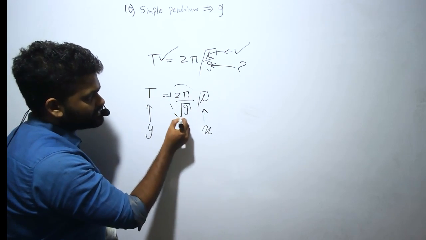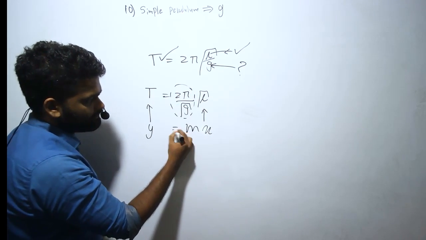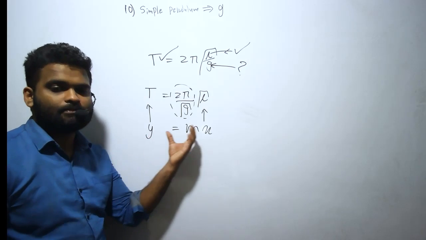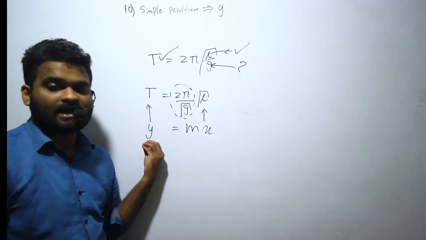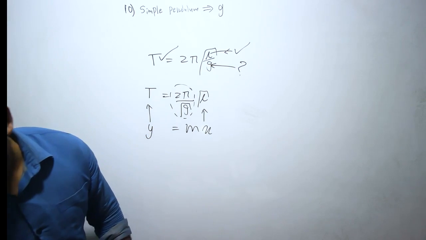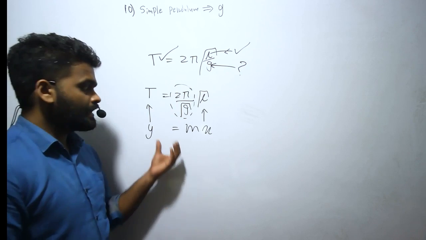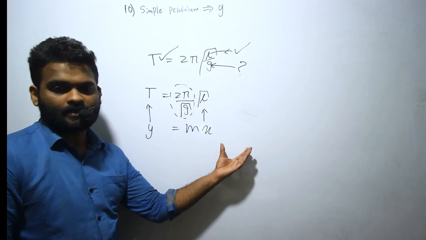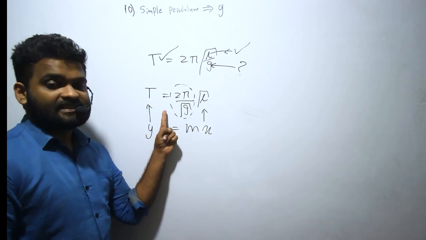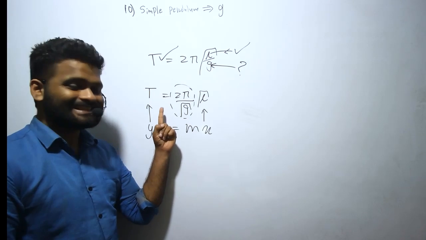And this becomes the gradient, simply m. So we have a y equals mx graph. In order to have the graphical method, you need to have y equals mx, or mx plus c. But this is not correct. This is less accurate.